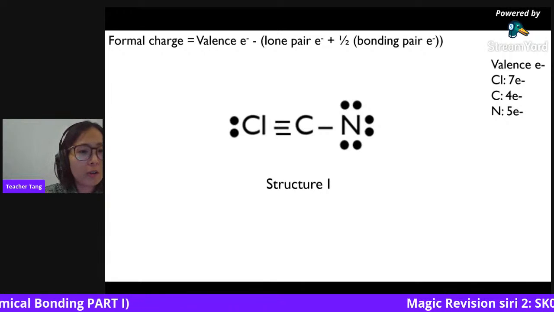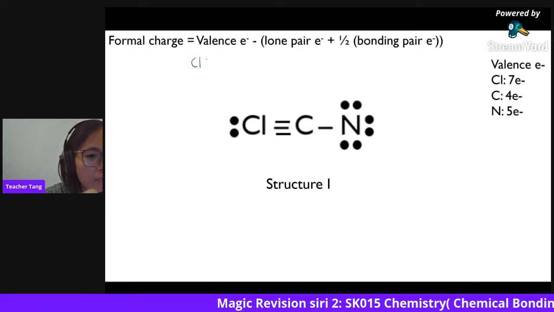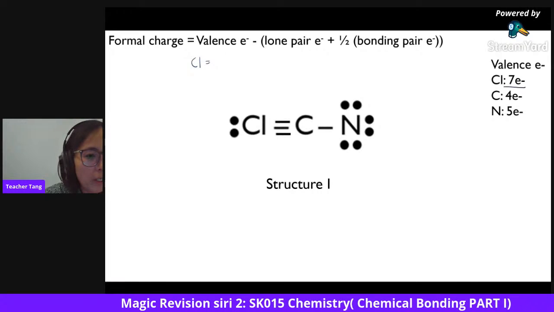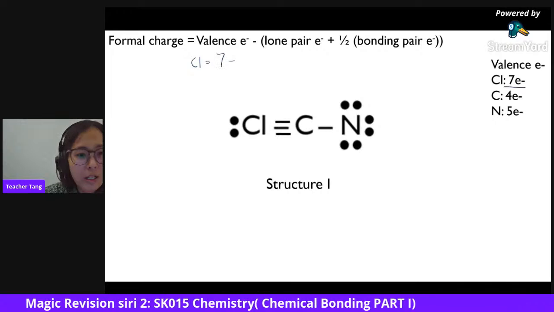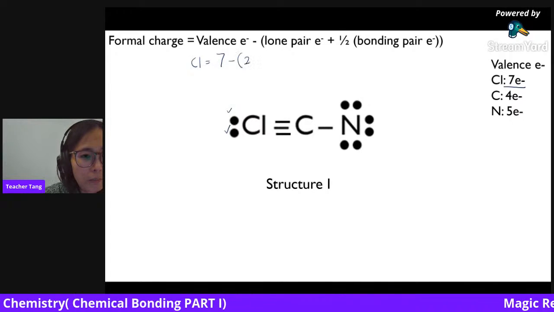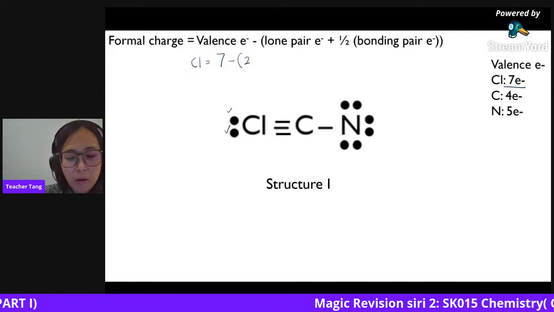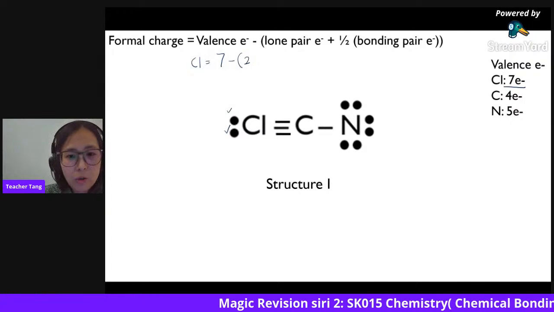So for this, we can first calculate the formal charge for chlorine. Chlorine's valence electron is 7. So 7 minus 2 lone pairs, that is 4 electrons, plus half the bonding pair electrons. So how do you calculate this?